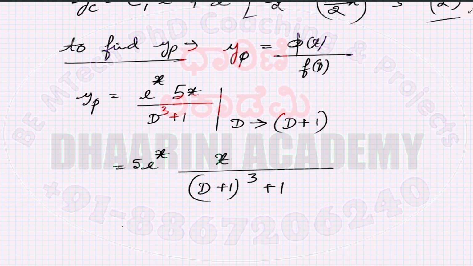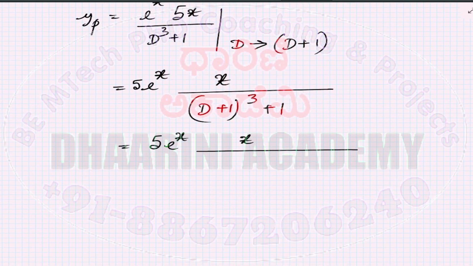Now this is equal to 5 into e to the x into x whole divided by, d plus 1 whole cube, which is d cube plus 3d square plus 3d plus 1, and there is one more 1 over there, so this becomes plus 2.